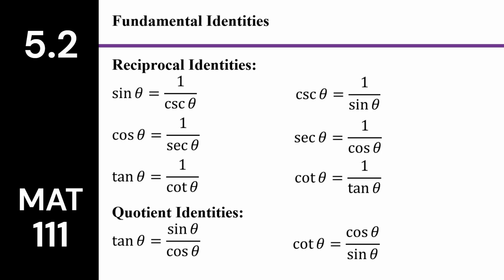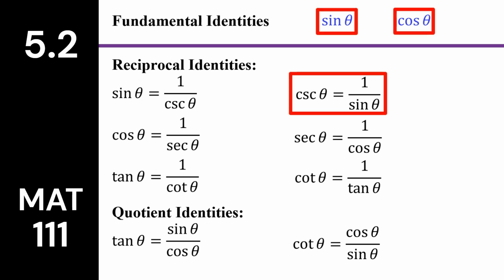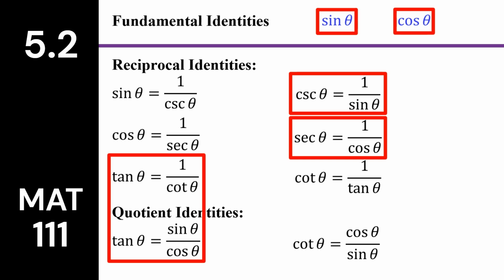Our strategy will look something like this. We are already given the sine and cosine, so those are done. We want to find the cosecant, which we can do because it's the reciprocal of the sine. We need the secant, which we can find because it's the reciprocal of the cosine. To find the tangent, we can use either a reciprocal identity or a quotient identity, but notice at this point in the problem, we wouldn't yet know the cotangent, so we'll have to use the quotient identity, tangent is sine over cosine.